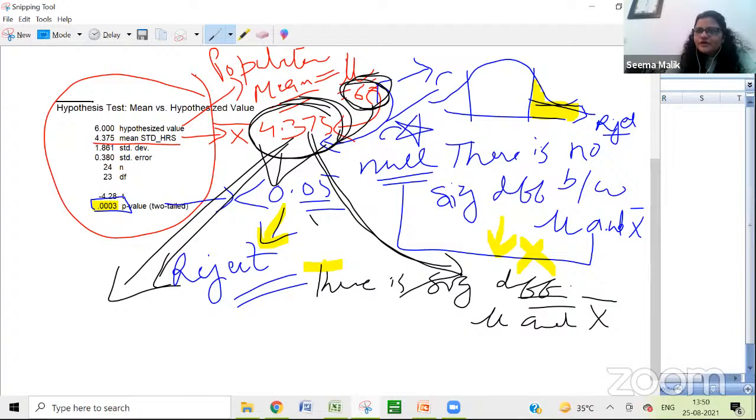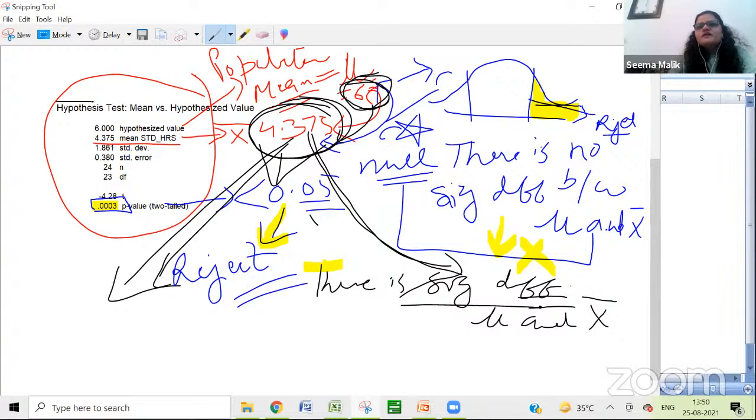You have to interpret according to your logic and rationale why in your sample, because the test depicts that there is a significant difference. Yes, in your sample students are devoting less time to study, that is 4.375, as compared to the whole of India, that is 6. But now you have to report the reasons why.